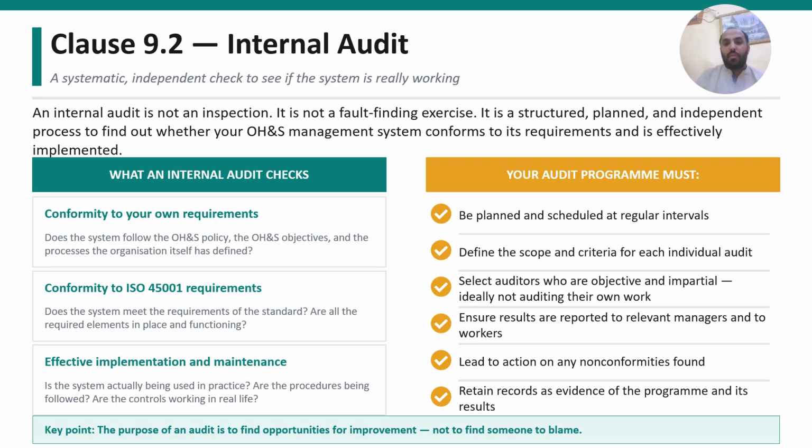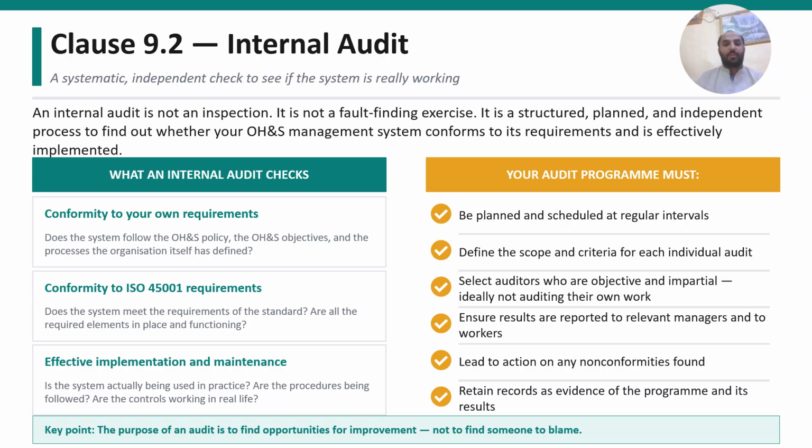This means wherever possible, people should not be auditing their own work or their own area of responsibility. To prevent conflict of interest, the result of every audit must be reported to the manager responsible for the area being audited, and also to workers and, where relevant, workers' representatives too.